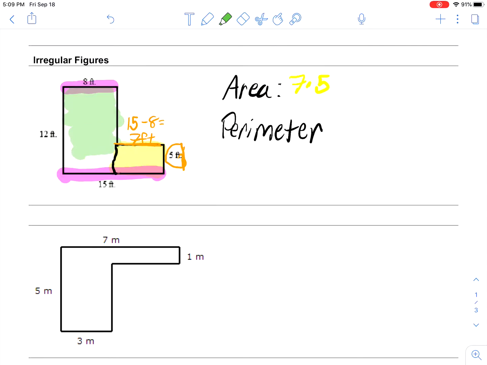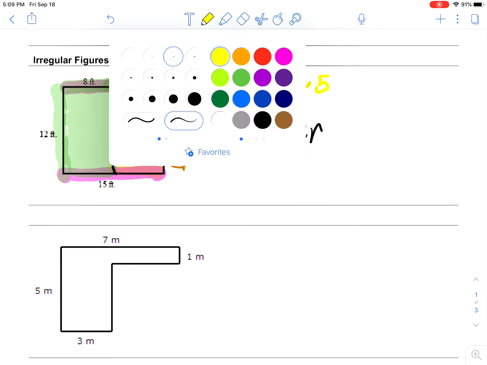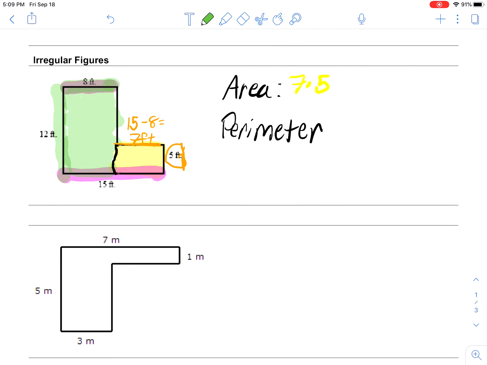So this bigger rectangle that I've shaded green, to find the area of that, I see that this side is 8 feet, and I see that this side is 12 feet. So to find the area of my green, I'm going to do 8 times 12.